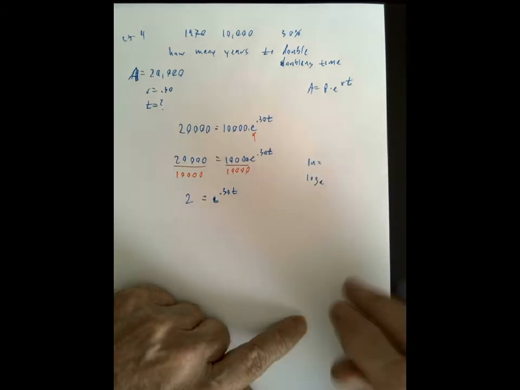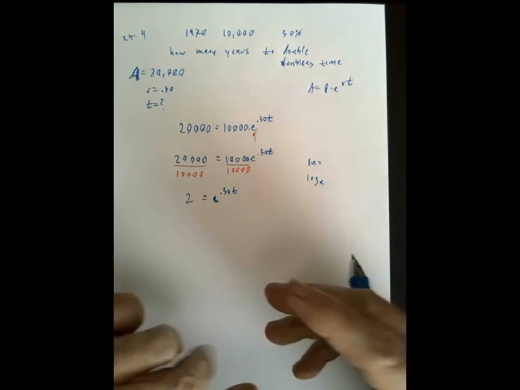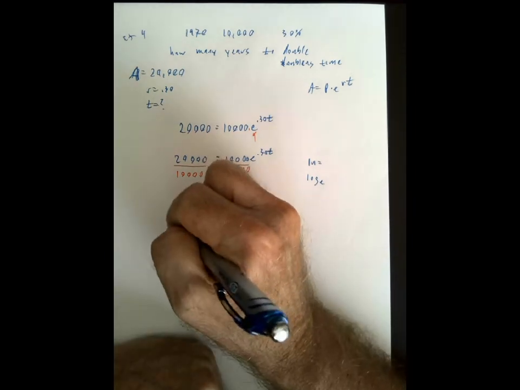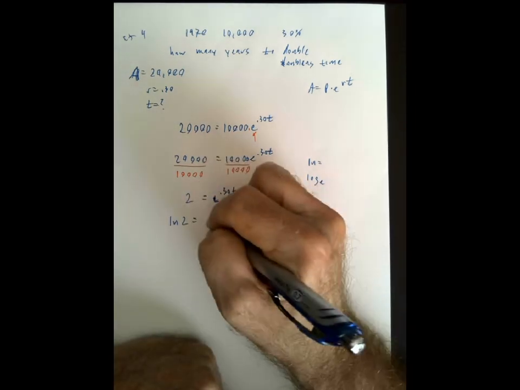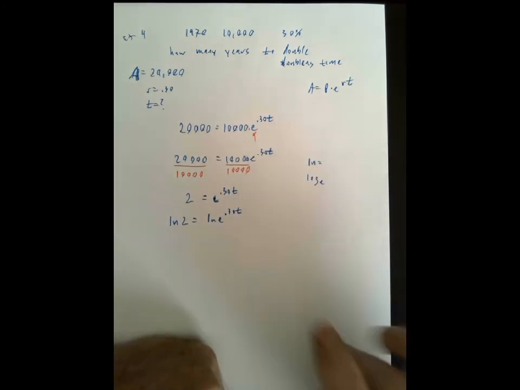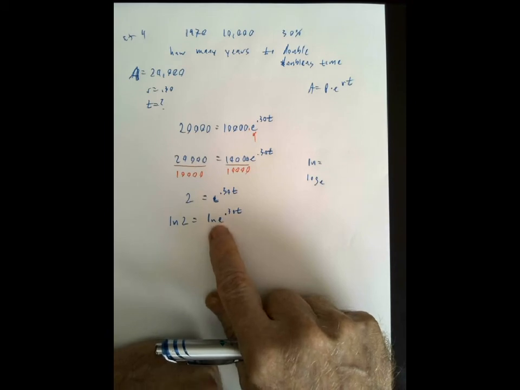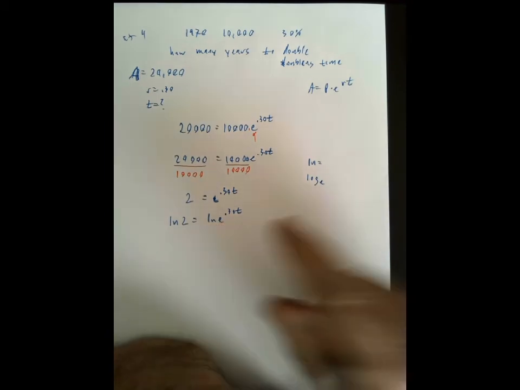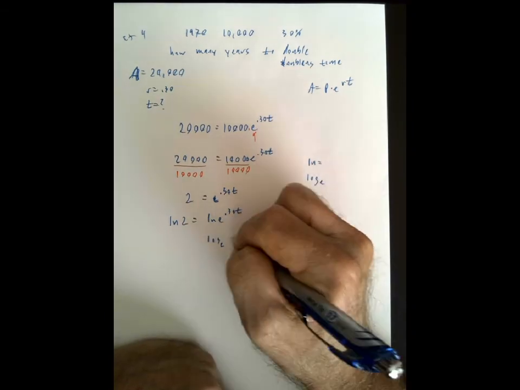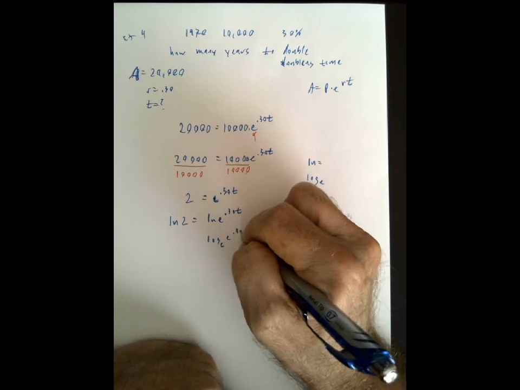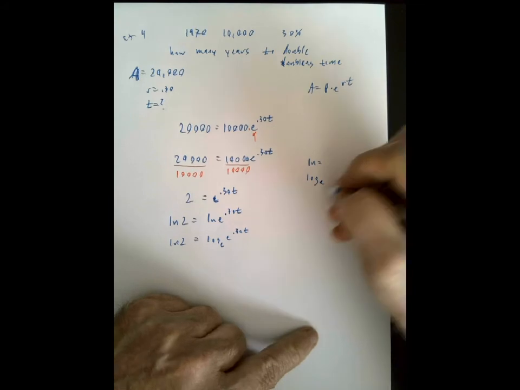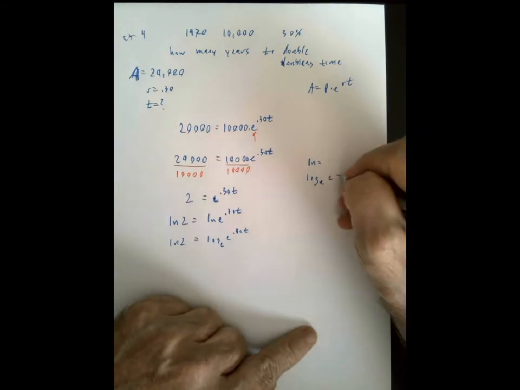Well, all right. So what we're going to do is, instead of common log, we're going to ln both sides. ln 2 is equal to ln e to the 0.30 t. Well, that turns out to be very convenient, because these are direct inverses of each other. Okay, I'm going to write it over here, log base e of e to the 0.30 t. Well, remember that, what does log base e of e work out to be?